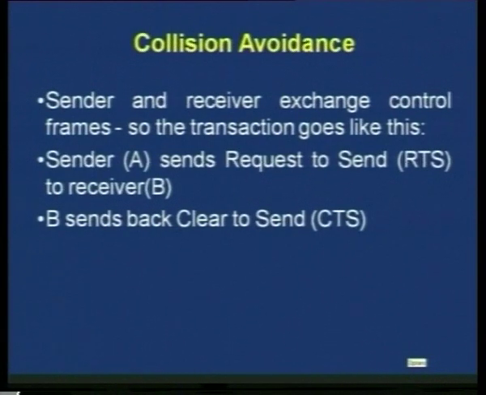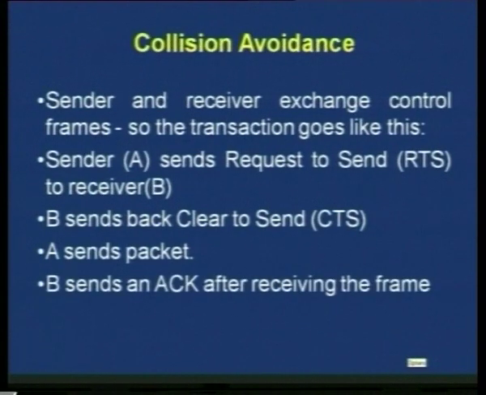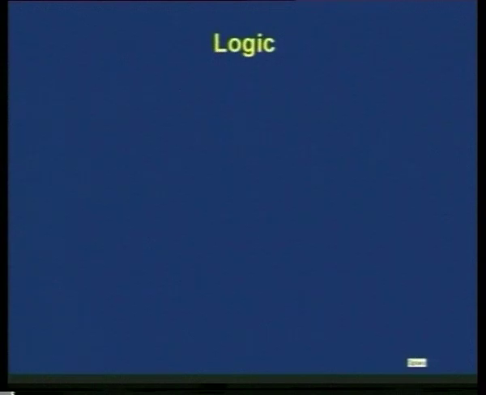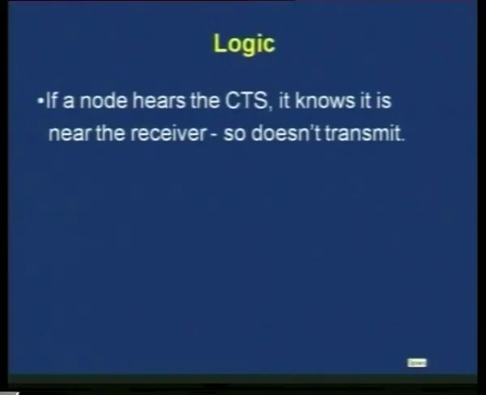You have an RTS frame going from A to B and you have a CTS frame sent back by B to A. Then A will send the packet. B sends an acknowledgement after receiving the frame. So you have RTS, CTS, then data and then an acknowledgement for the data that was transmitted. Okay, so let us look at the logic and see how it will avoid the two problems that we talked about, the hidden node problem and the exposed node problem. So let us look at this logic.